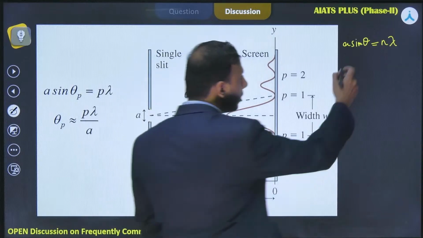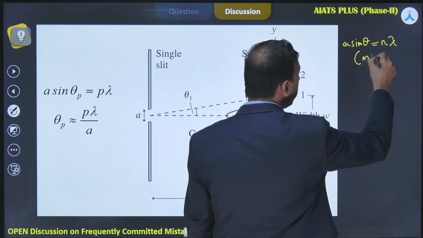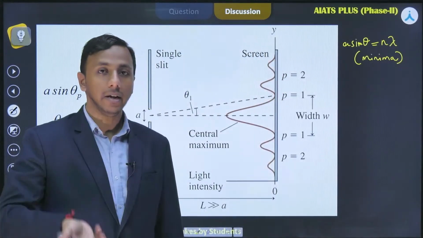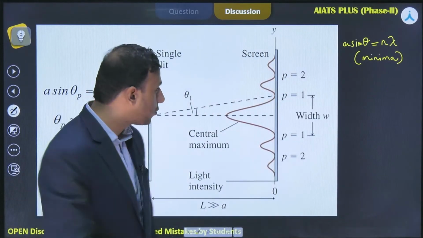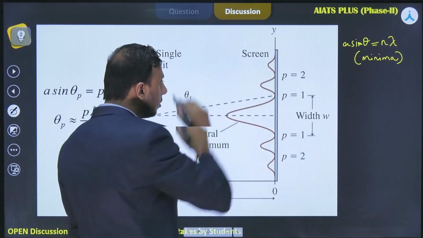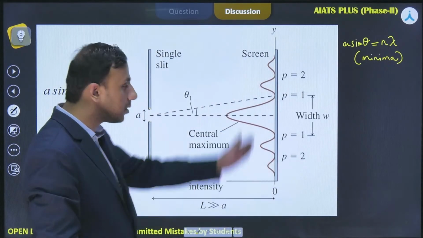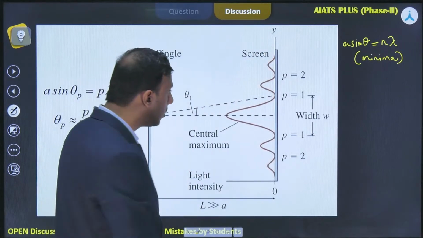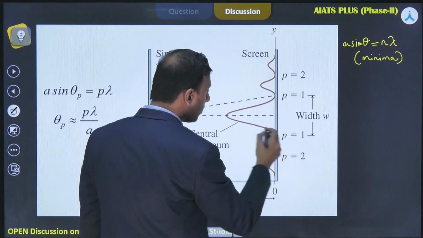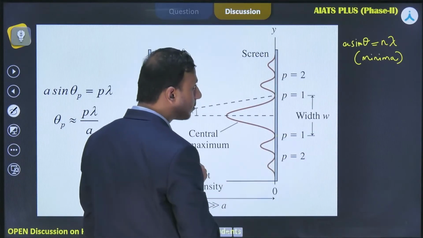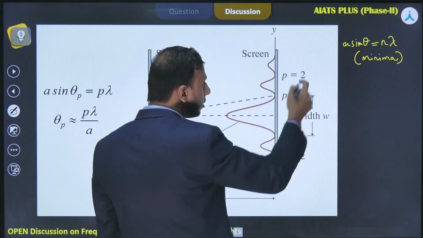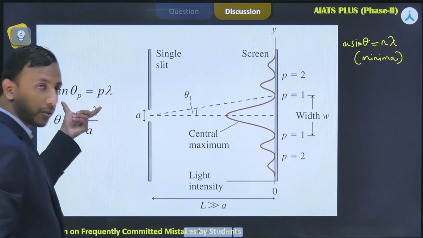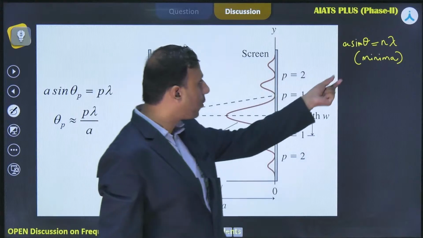But here we would write it for minima, meaning the resultant intensity comes out to be 0. This diagram is also drawn for intensity varying with position. At which positions is intensity 0? At this position, this position, this position, isn't it? If you put n equal to 1, the same expression they have written over here also. If you put n equal to 1, what will you get?